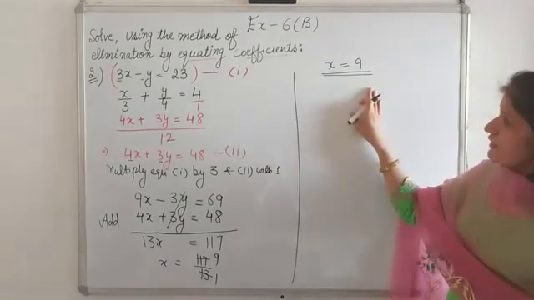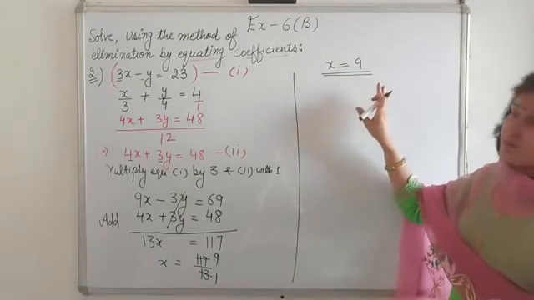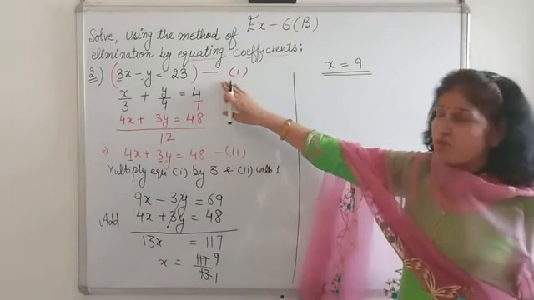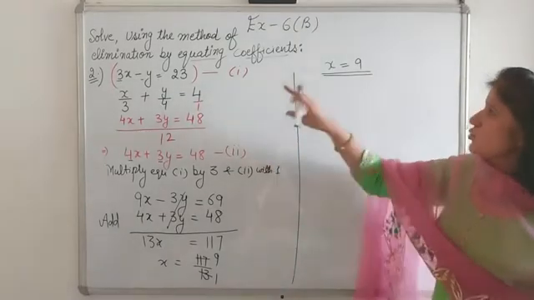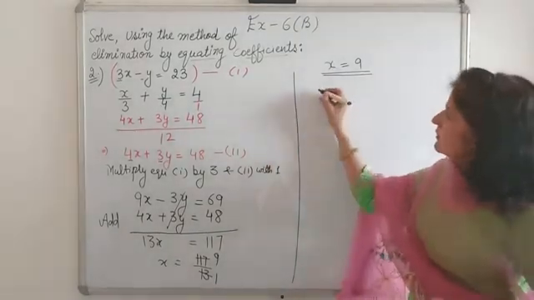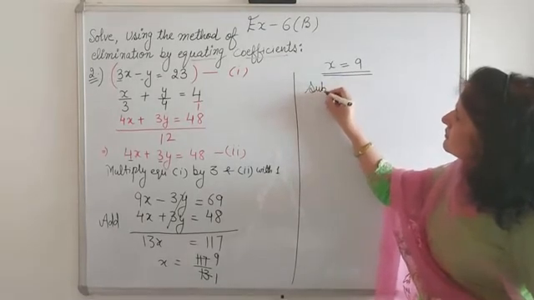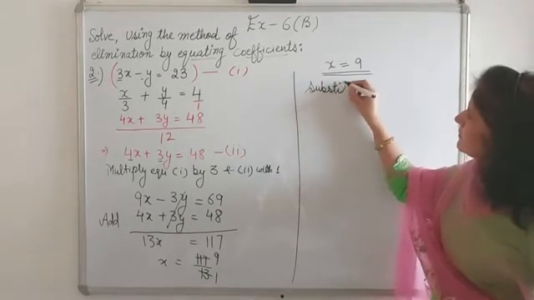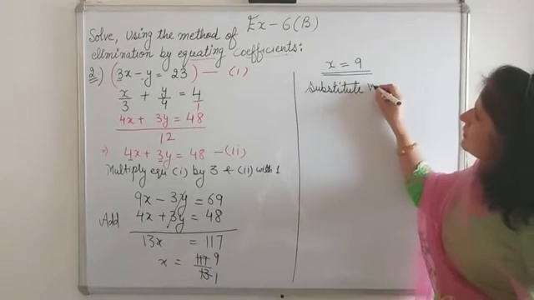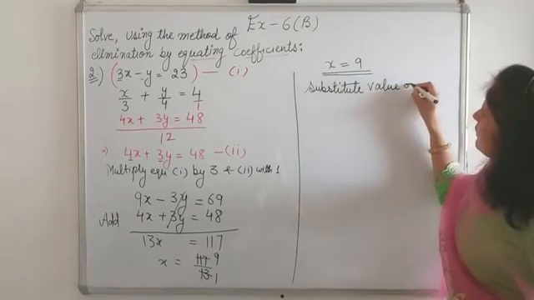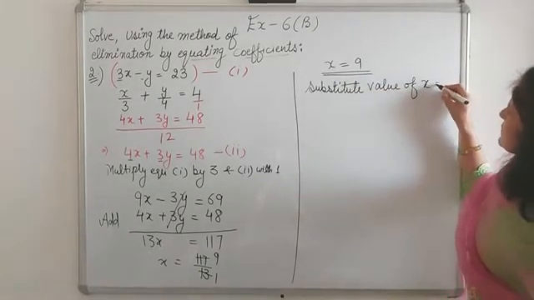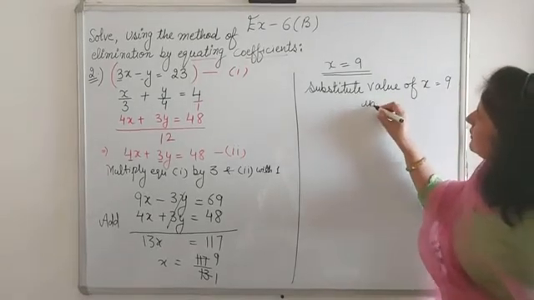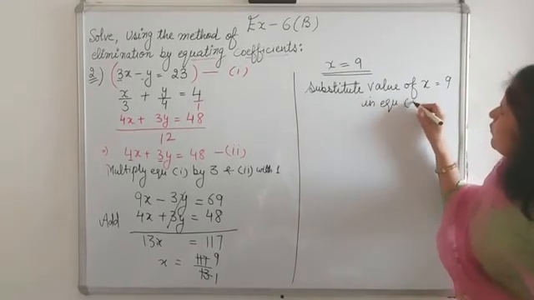Now this value of x, which is 9, you can substitute in 1 or you can substitute in 2. So we substitute in 1. Substitute value of x is equal to 9 in equation first.